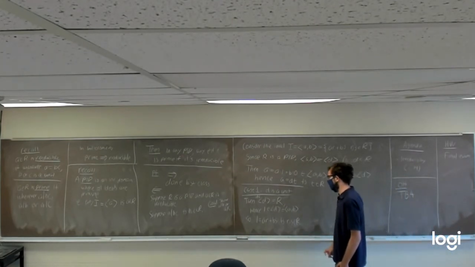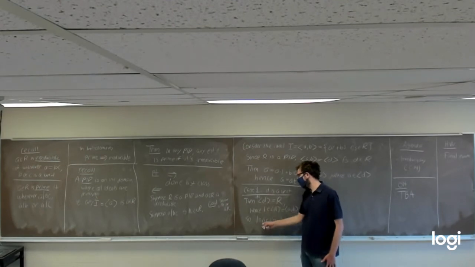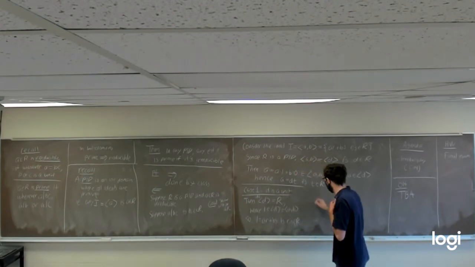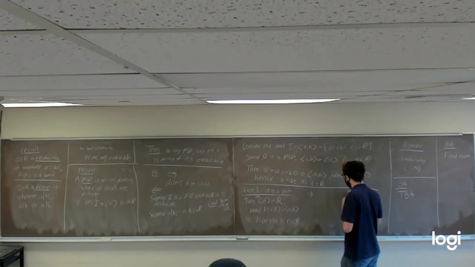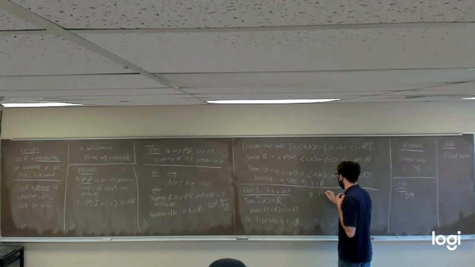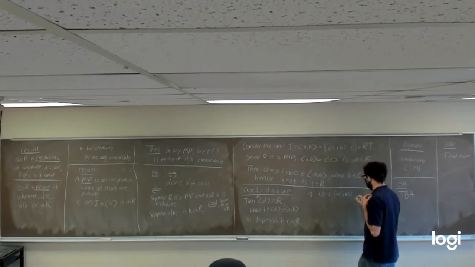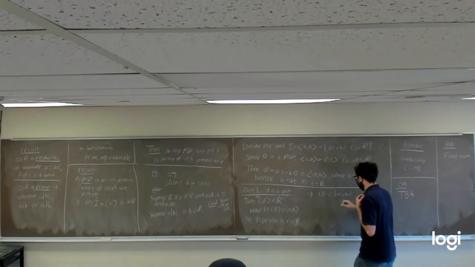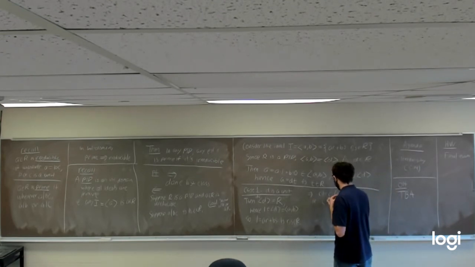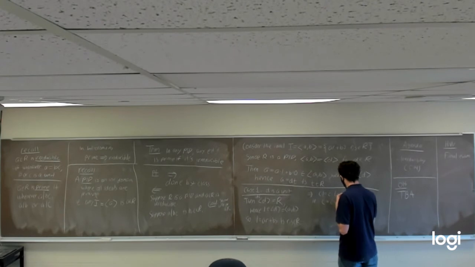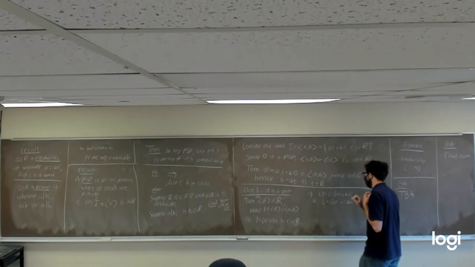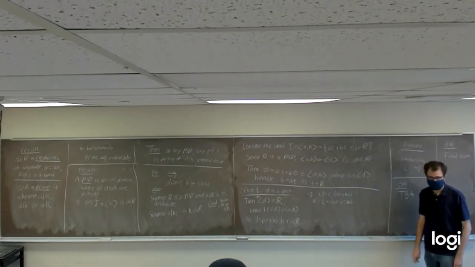Because the next thing we're going to do is multiply both sides of this equation by C. And that'll tell us that C times 1 is equal to C times (AR plus BS). So in other words, C is equal to CAR plus CBS using the distributive property.